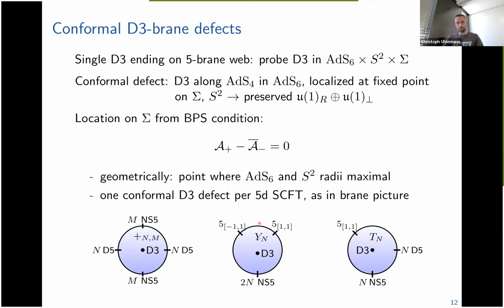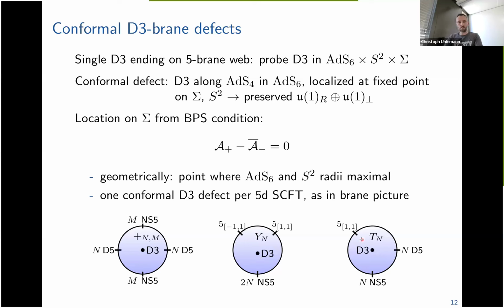For the Y junction, there's one Z2 symmetry corresponding to horizontal reflections, and the D3 sits on this line. And in the T_N junction, there's actually a Z3 symmetry, and the D3 sits again at the fixed point. But this Z3 symmetry is not manifest in the gauge theory, and so on. Won't talk much about that.